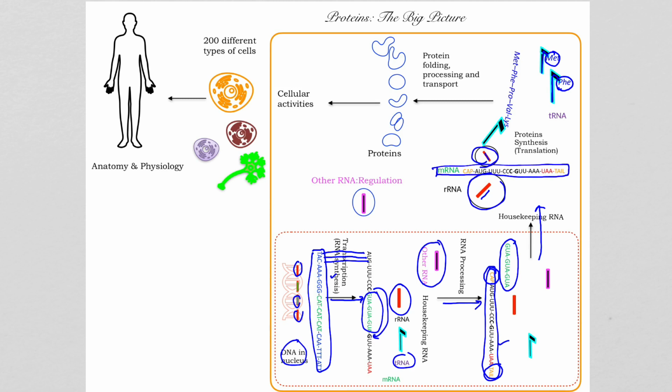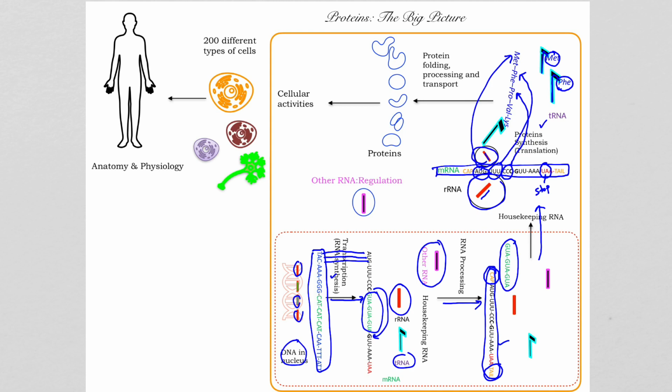So this information here, AUG, specifies according to the genetic code the amino acid methionine. UUU here specifies phenylalanine. CCC specifies according to the genetic code proline, and so on. And once the UAA message, which is a stop codon, is read, protein synthesis stops.